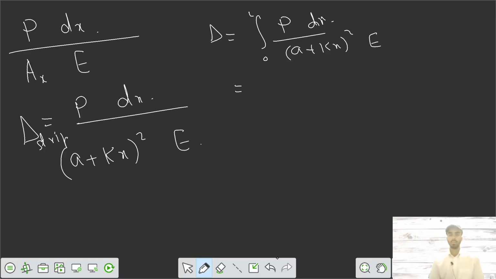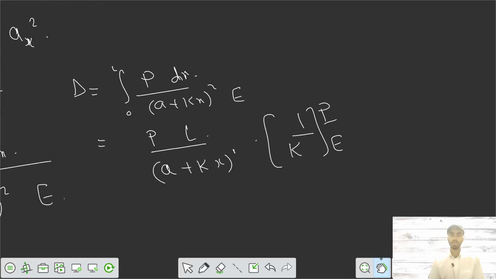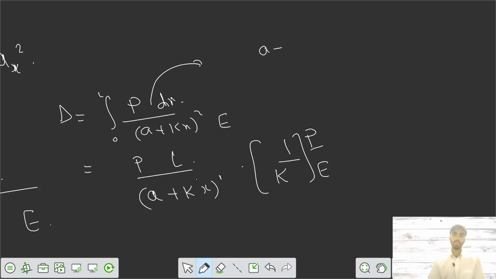If you integrate it, you can get P dx by A plus kx whole square, and the integral is 1 by kE.